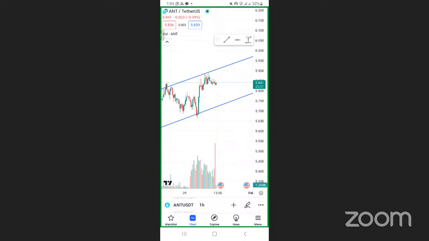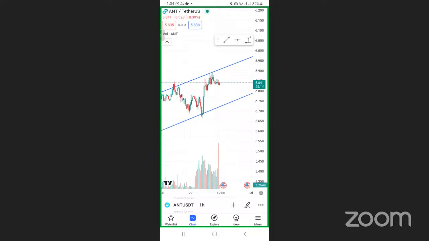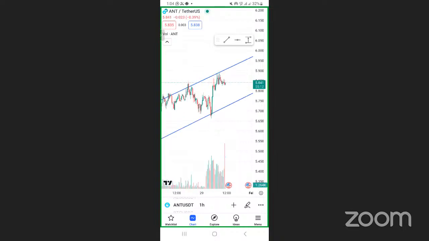Do you expect that this coin is going to go up, or it's going to first of all come down? It is going to come down. It will come down. To which level?